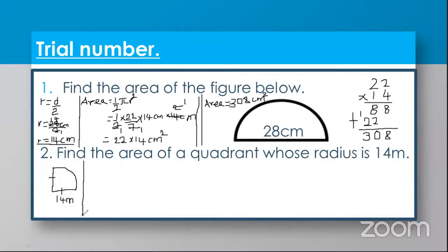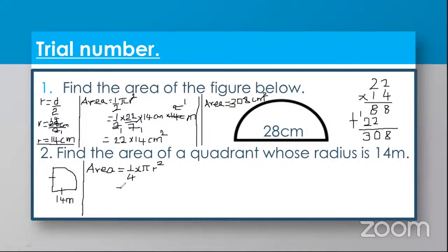Area equals a quarter times pi r squared. Why are you bringing a half? Now, this a quarter is representing the quadrant, isn't it? Then pi r squared is the formula to get the area of a circle. Then continue.